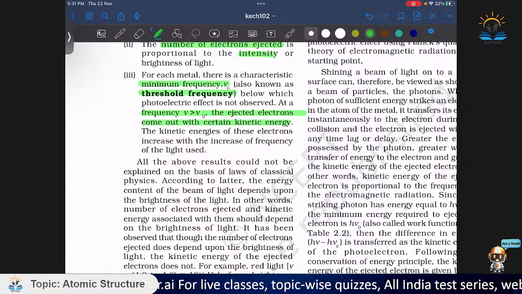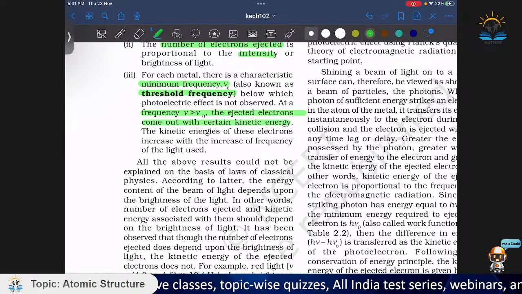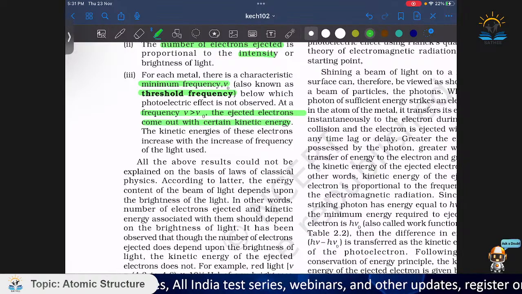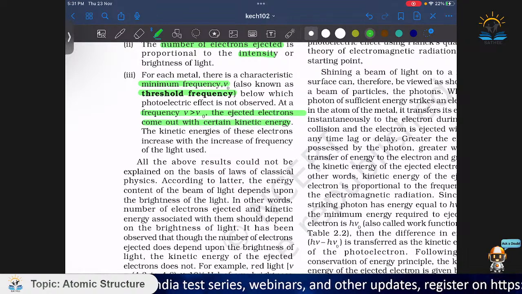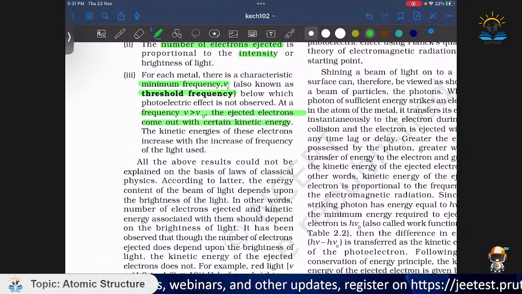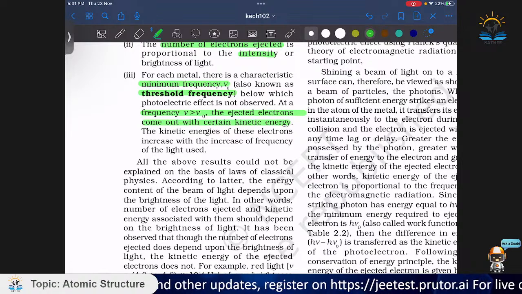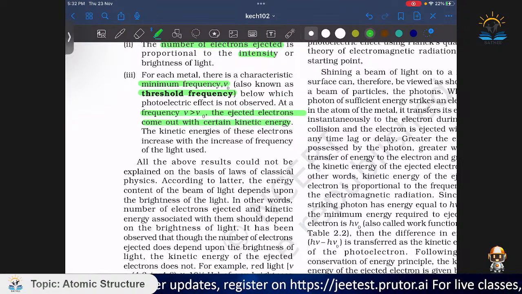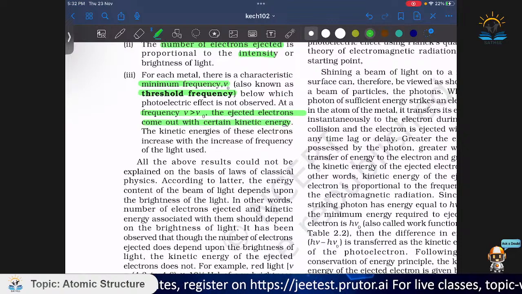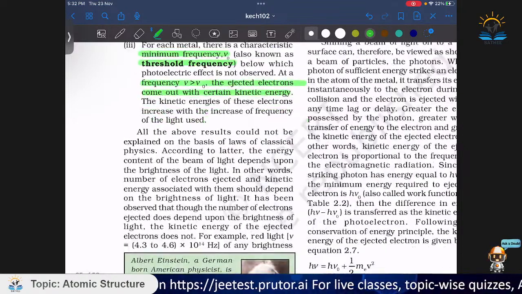If the frequency of the photon is less than the threshold frequency, no electrons will be ejected, however intense the light is. You get it? But if you increase the frequency beyond the threshold frequency, the photons will have some extra energy apart from the energy needed to release the electron. So electrons will be released with some kinetic energy coming from this extra energy of the photons. That is the theory.